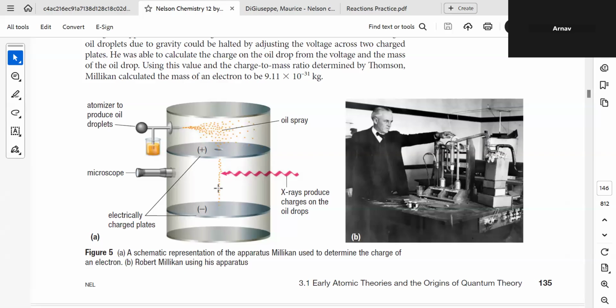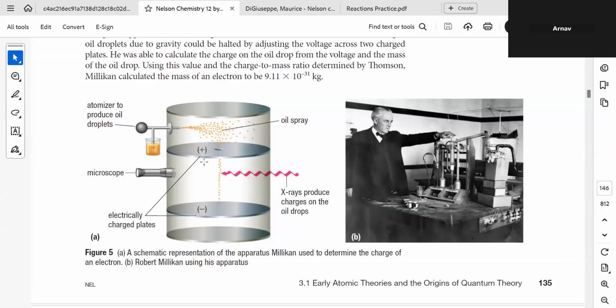When it is falling in the second chamber, you are bombarding that chamber with X-rays. Why are you bombarding it with X-rays? Because then you are able to ionize the droplets.